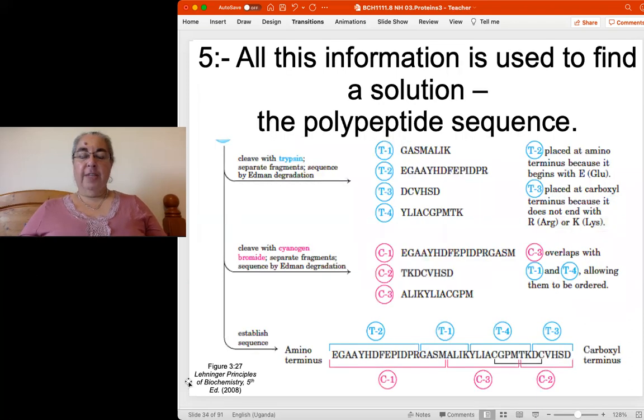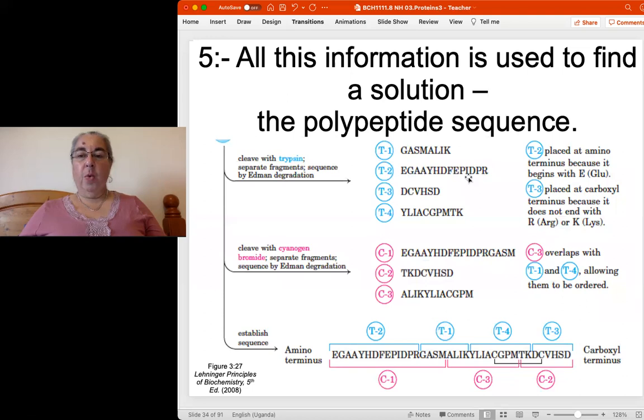Okay, so now this is what I was talking about. This is where we have to do a puzzle. It's a bit like doing a word game or a crossword puzzle. But we have to work out how these 2 sets of fragments can be lined up using the information we have to give us the completed sequence.